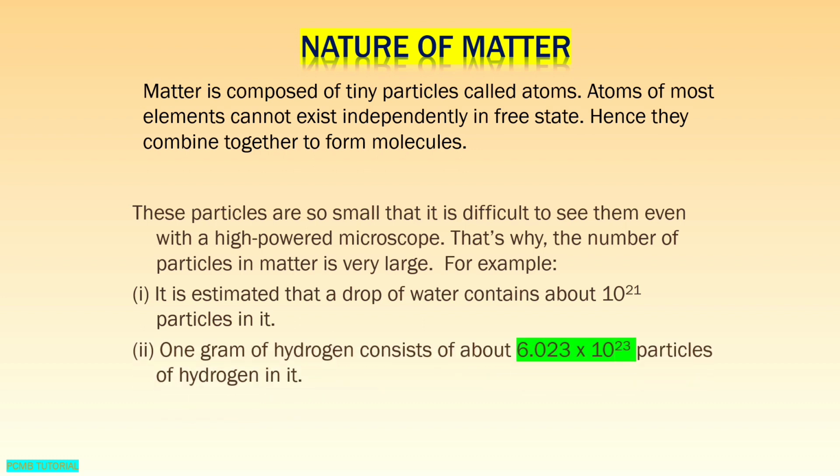It is estimated that one drop of water contains about 10^21 particles of water, and 1 gram of hydrogen contains 6.023 × 10^23 particles of hydrogen. This 6.023 × 10^23 is known as Avogadro's number, and we will discuss it in detail in the chapter on the mole concept.